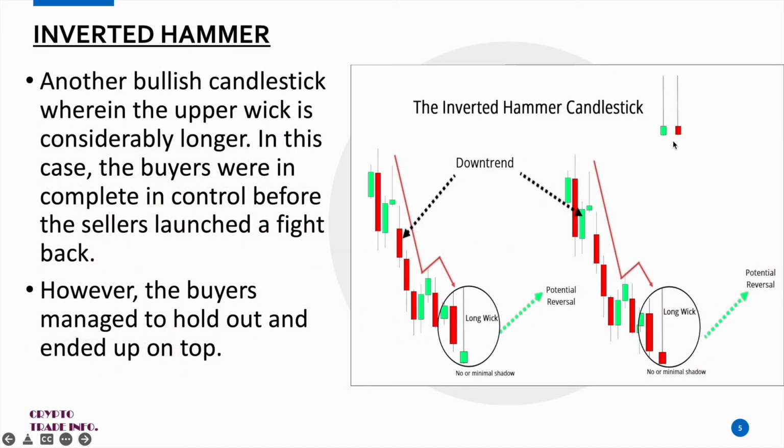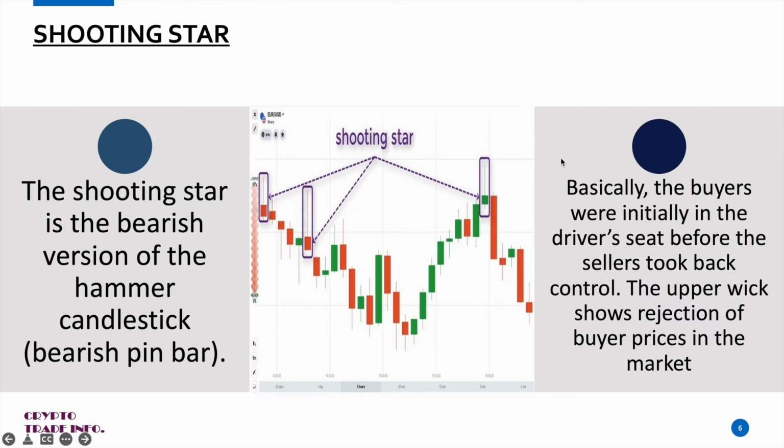Look at this inverted hammer candlestick. Are you seeing the candlestick? Look at it properly. Now look at this shooting star. As you can see, there are similarities. Now, the shooting star is found at the apex of a bullish trend, or at the apex of an uptrend. You can see there's an uptrend here.